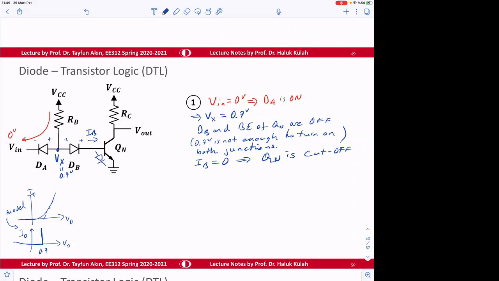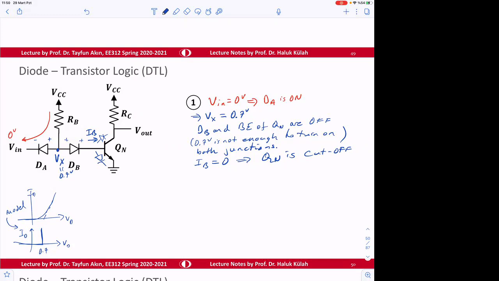No base current. Current can only go in this direction, and with no base current that junction is not turning on, it's not forward active, and this is typically going to be off anyway. And this cannot turn on either. So both junctions are off, therefore Qn is cutoff.